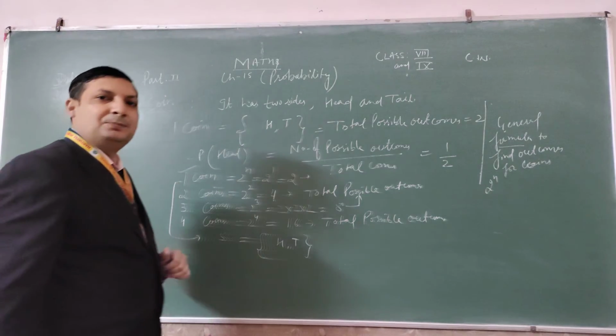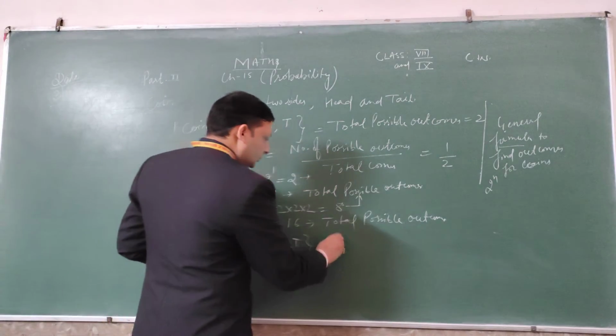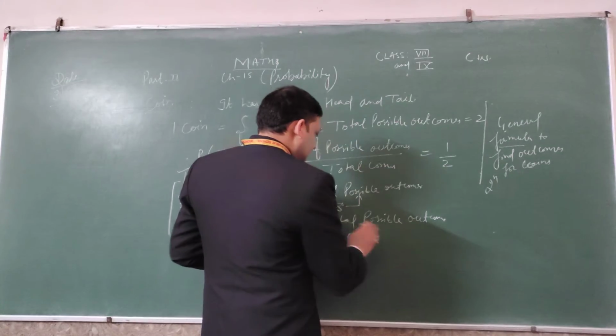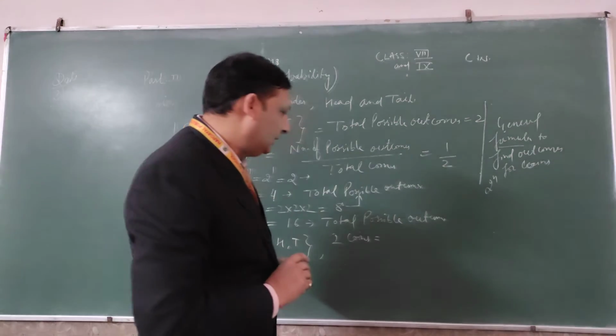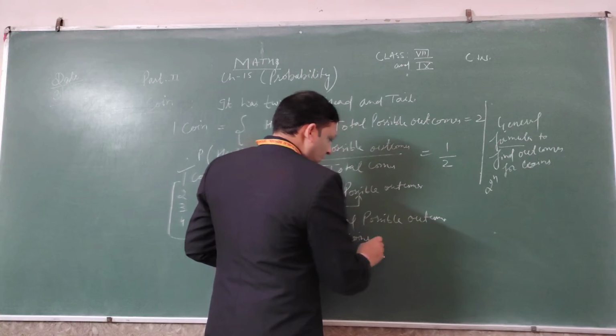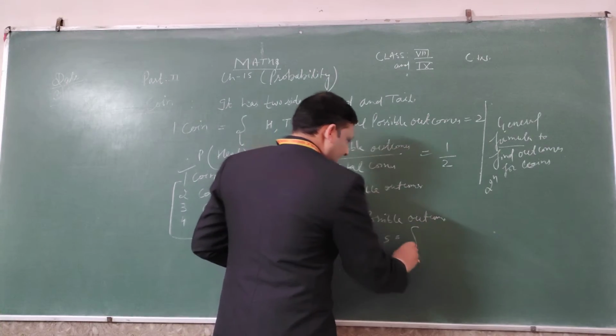But when we talk about the sample space for 2 coins, it will be difficult to write and learn. So we have a simple method.